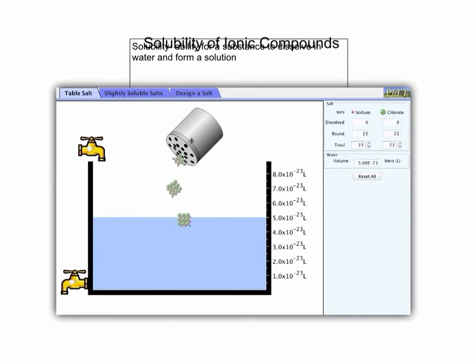So the crystals are really nice and tight and packed together, and when they hit the water, notice that the positive sodium ions, the red ones, and the negative chloride ions separate from each other. And this is actually why you don't see the salt anymore when you put it in water. The crystals separate into the positive ions and the negative ions and spread out throughout the entire solution.